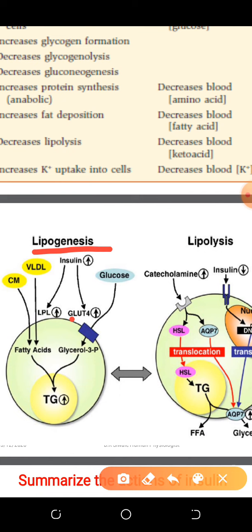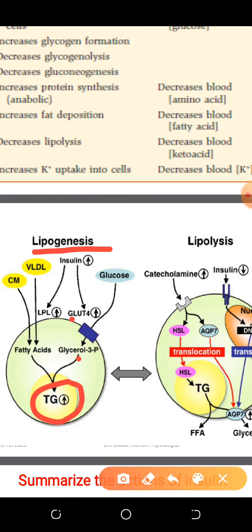So these adipocytes will take glucose into the cell, and when glucose enters the cell, it is converted to glycerol 3-phosphate, or glycerol 3P. And you know glycerol 3-phosphate is needed for production of triglycerides, which are stored in adipocytes.